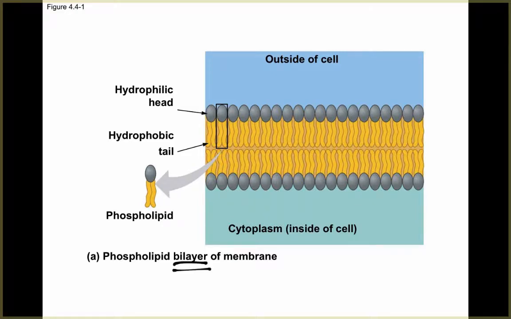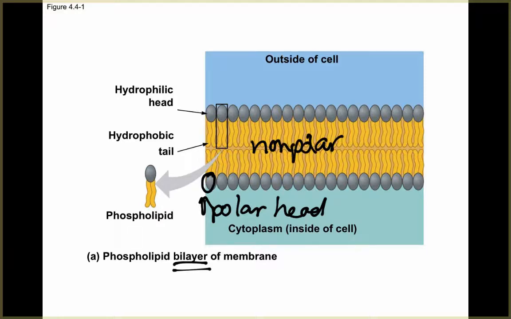Right, this bilayer. And so here on the outside, you're going to have their polar heads. And within the inside are the non-polar tails. And so essentially that's going to help separate the outside from the inside, because only few things can get through this guy.